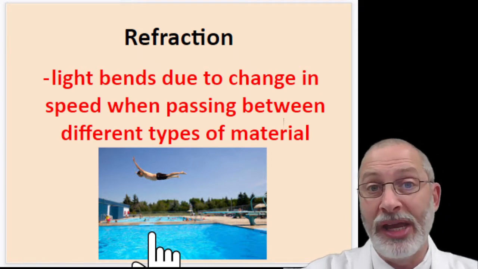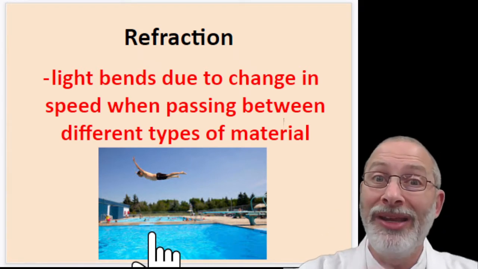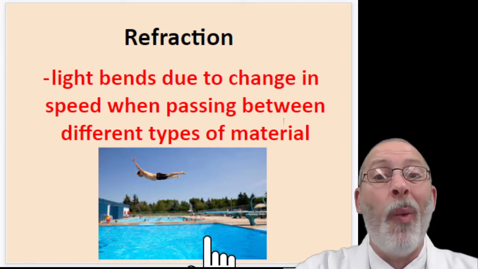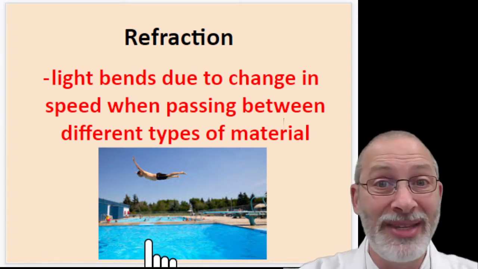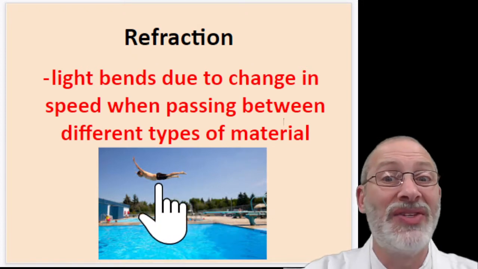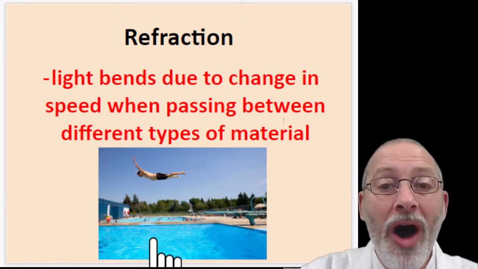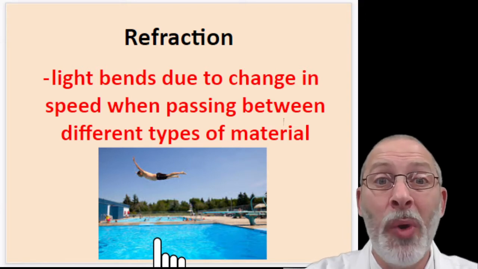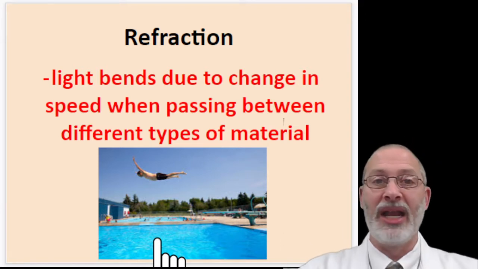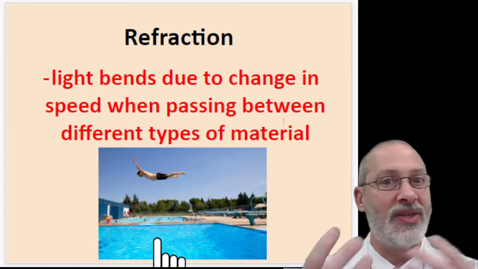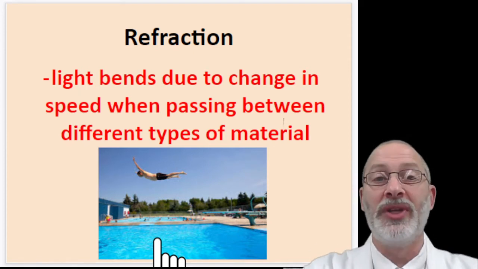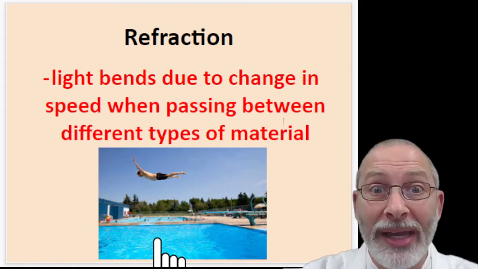In fact, it's the rate of gravity. But here's the deal. Water does not have the same density as the air above it, right? Water is a lot more dense. It's got a lot more mass in the same volume, and so its density is greater.